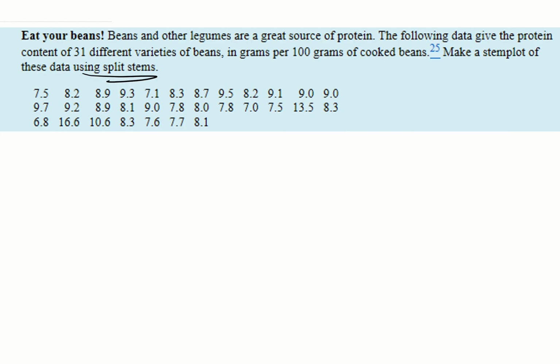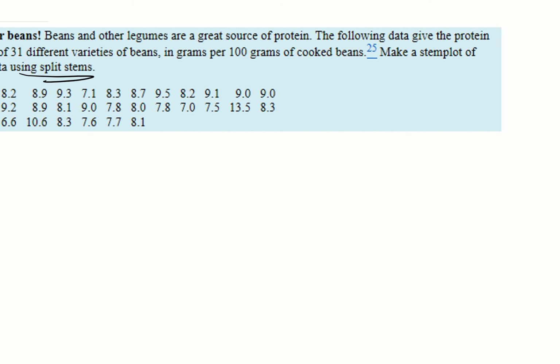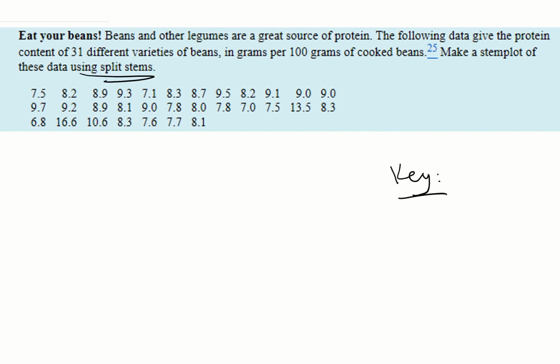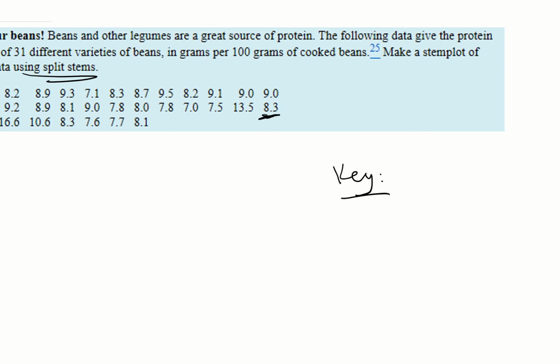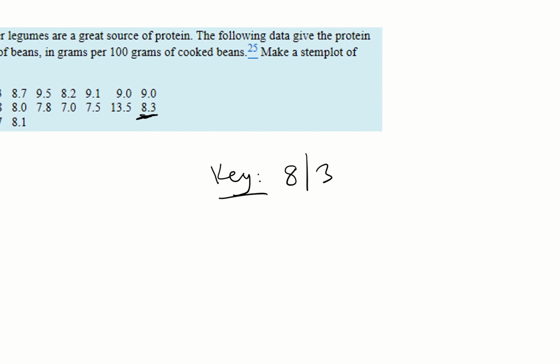All right, so for this second one, we want to use split stems here. Let's do the key right away before we forget. Let's pick a number like 8.3, for instance. We can say 8 bar and a 3 stands for 8.3.